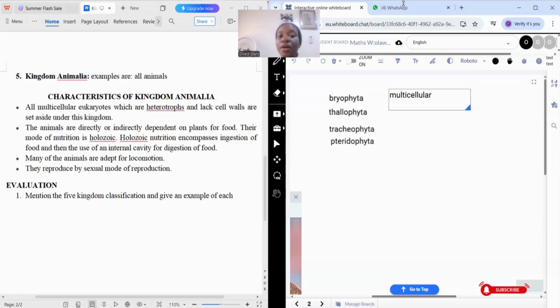And then when we talk about heterotrophs, heterotrophs are organisms that cannot manufacture their own food by themselves, in contrast to autotrophs. Autotrophs, you find them in the kingdom Plantae. Autotrophs are green plants that are able to synthesize or manufacture their own food by themselves through the process of photosynthesis.